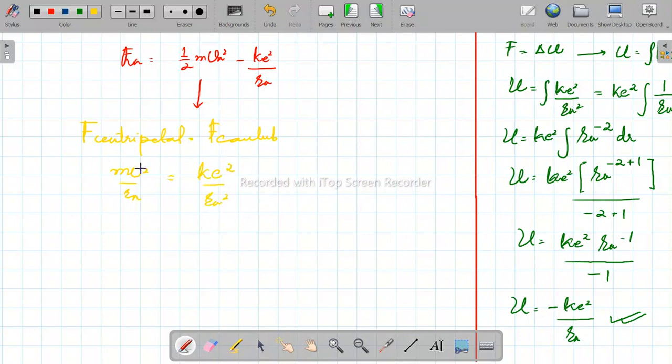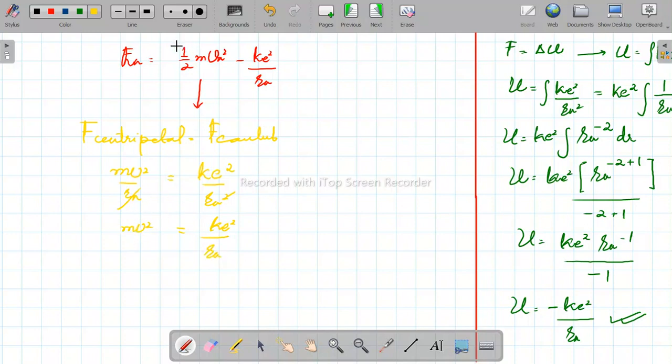Let's calculate the value of velocity from this expression. Okay, let's do this one thing. We have this half mvn square here, right? So let's directly find the value of half mv square from this expression and then replace it in this equation. This rn here gets cancelled with this rn and we get mv square equals k e square over rn, right?